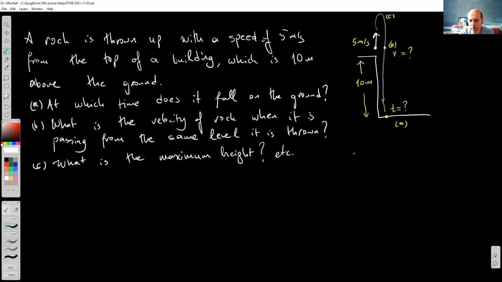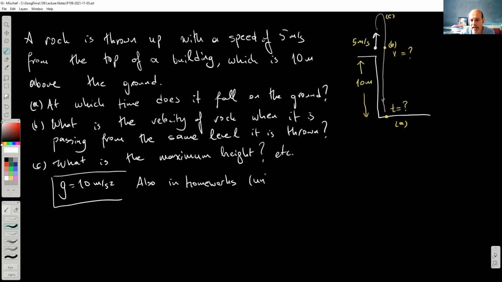Let's just remember that I take the gravity to be equal to 10 meters per second squared all the time, and also in homeworks, unless stated otherwise.